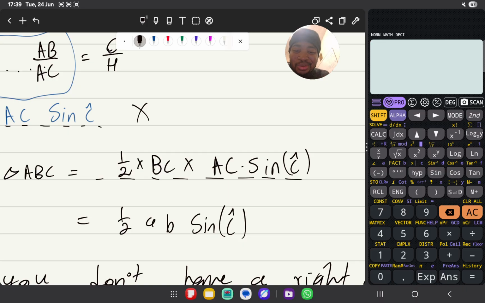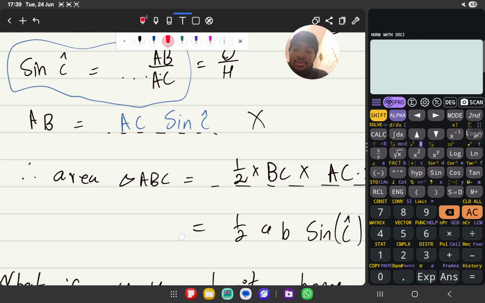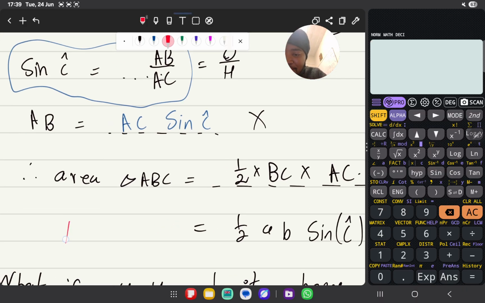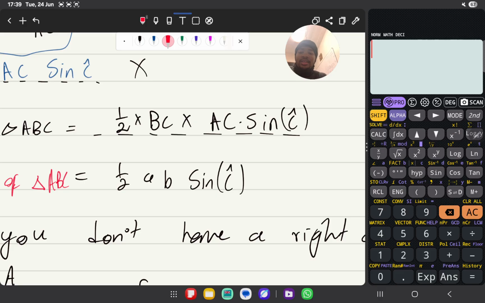Now you see, of course, this is the area of a triangle. A triangle doesn't look like that, but it's fine. Triangle ABC. Right, we're getting half AB sine C. So remember, a triangle has 3 sides and 3 angles.